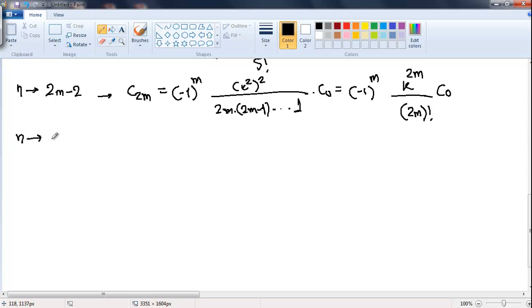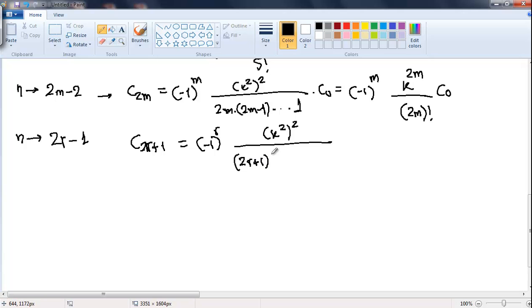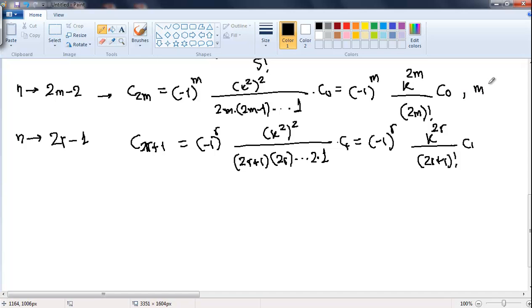Again, in the same way, if we substitute n by 2r-1, we get c_(2r+1) equals (-1)^r k^(2r) over (2r+1)(2r)...1 times c1. That's (-1)^r k^(2r) over (2r+1) factorial c1. It's valid for m greater than or equal to 1, and it's valid for r greater than or equal to 1.